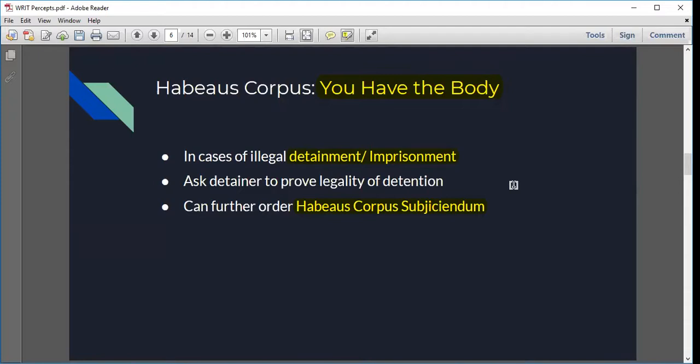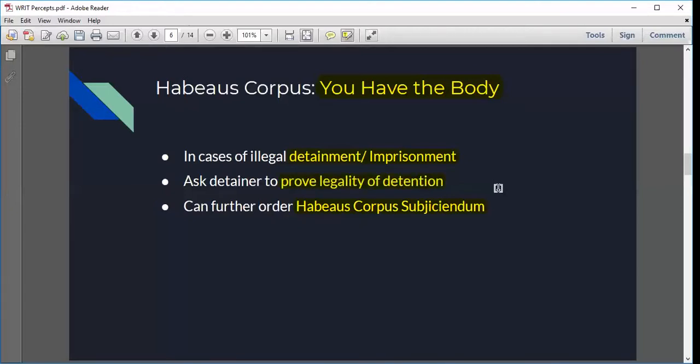And if the Supreme Court issues the writ, what it is doing is asking the concerned authority, in this case the government in Jammu and Kashmir, to come and prove the legality of detention. So who is liable to prove the legality of detention? The one who has detained.